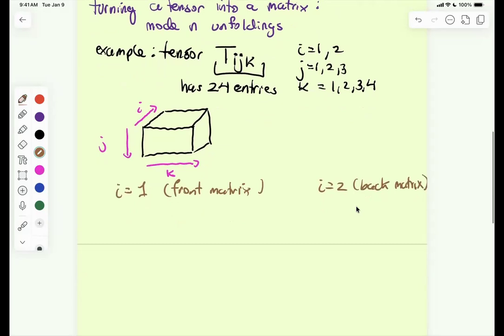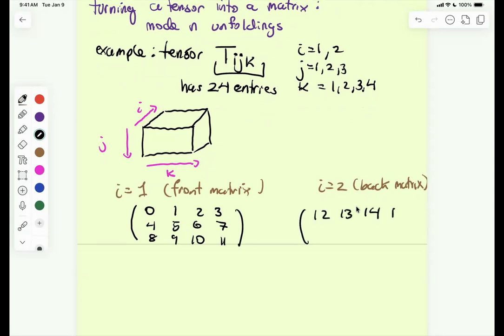And again, I'm going to put some concrete entries so that we have something to look at while we do this. I'll say that the first matrix has entries 0, 1, 2, 3, 4, 5, 6, 7, 8, 9, 10, 11, and then 12, 13.